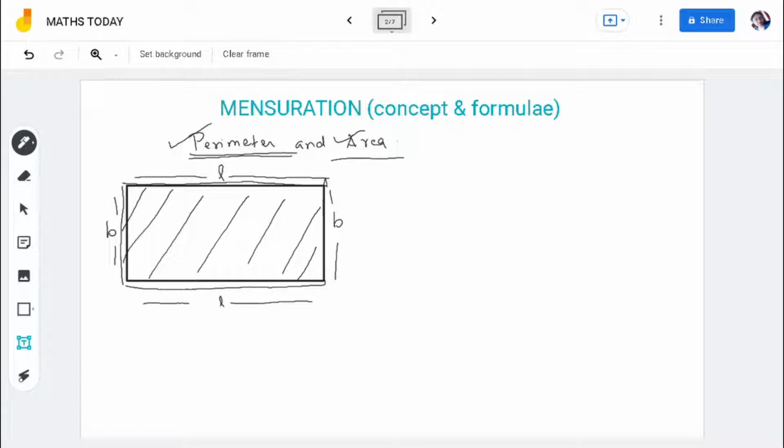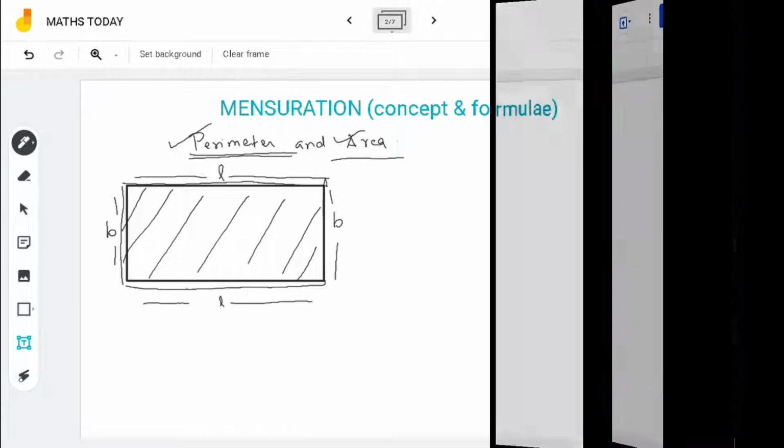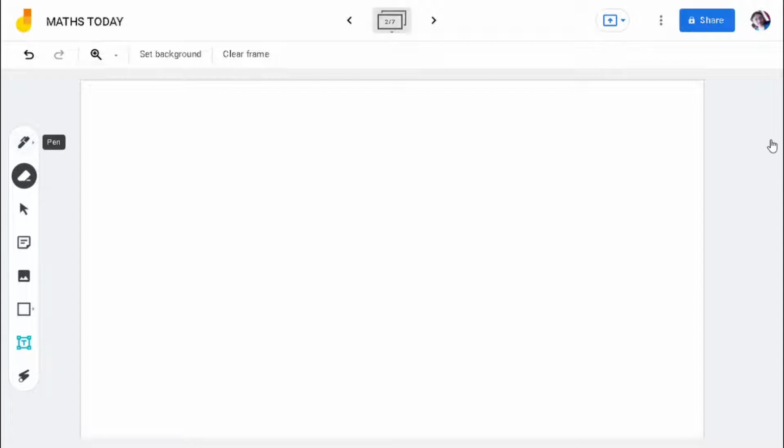Now let's start with finding the perimeter and area of some closed figures. In this video, first we will recall what we have learned earlier about the perimeter and area of some figures, and afterwards we will see how to find the perimeter and area of some more plane figures. So let's start.